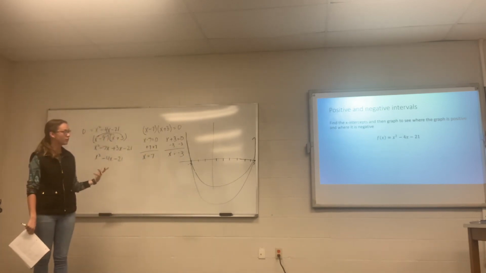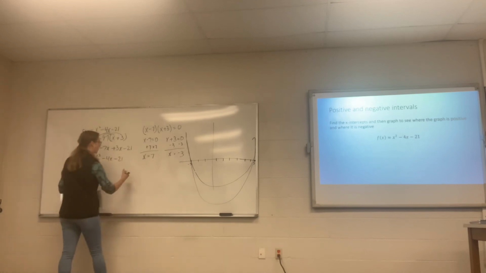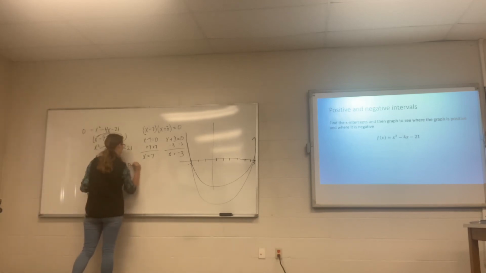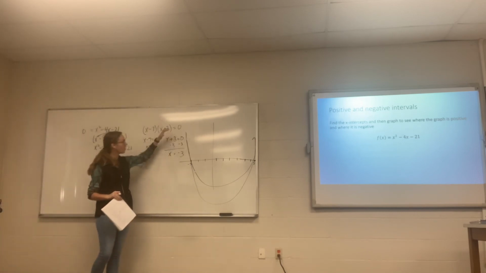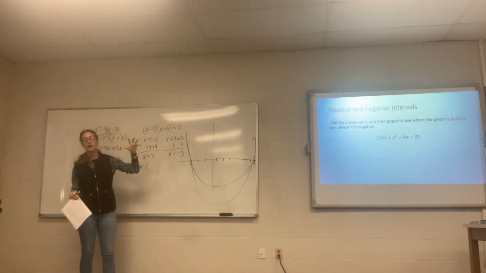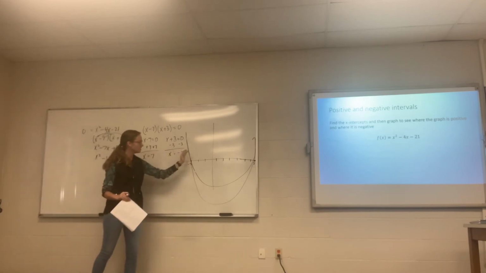In terms of where it would be positive, this graph would be positive where it's above my x-axis. Remember we're always using our x, so it's above my x-axis from negative infinity to negative 3.